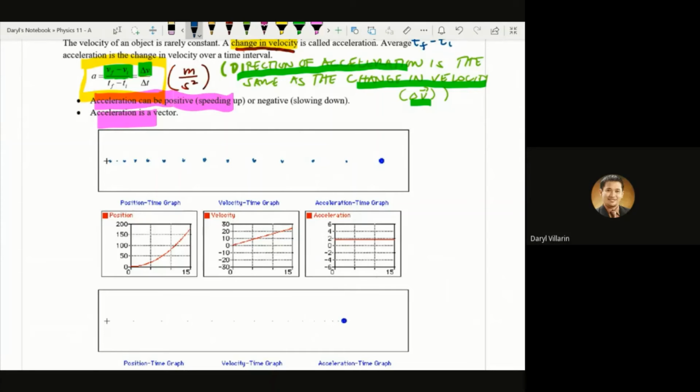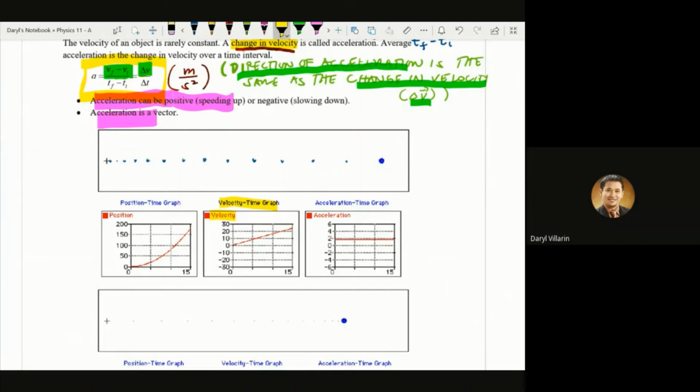And if you graph this particular motion with velocity against time, remember that in the second lesson, this is velocity against time. You'll get a straight line, so there's a uniform increase in the velocity. And when that happens, you get a straight horizontal line in your acceleration time graph.